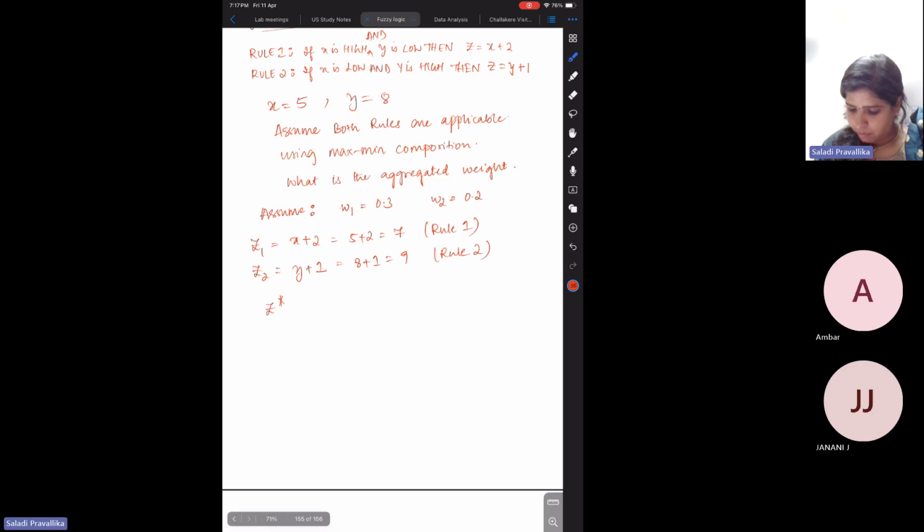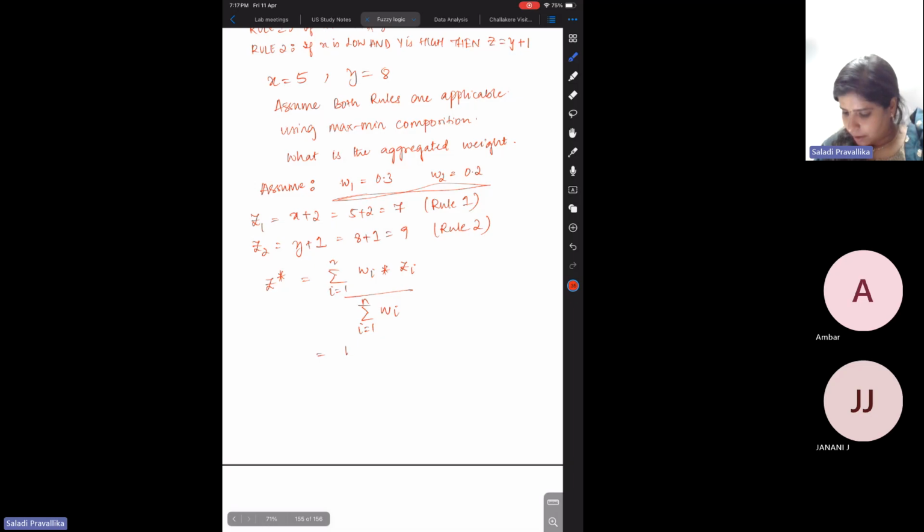Now I gave you some random w1, w2 values also. Just let us assume those weights are right. So z star is equal to summation for i equal to 1 to n of wi multiplied with zi, divided by the summation of wi, for i equal to 1 to n.